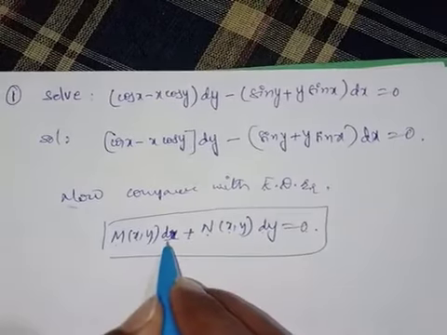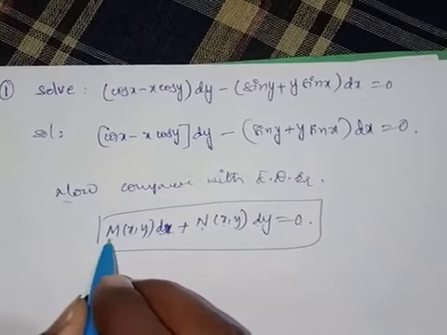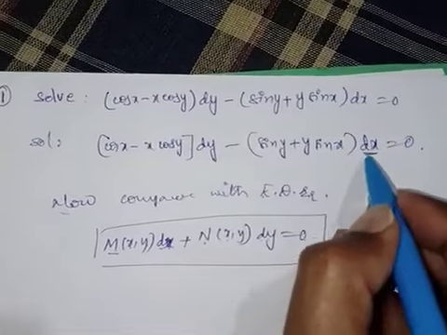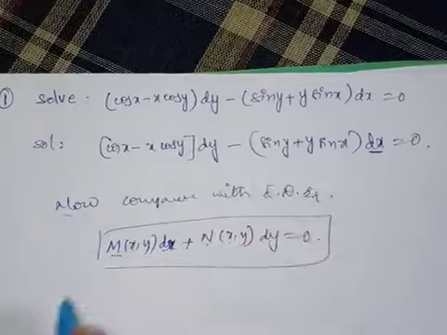See here, the x derivative coefficient is always M. Here the x derivative coefficient is this value. So compare these two.